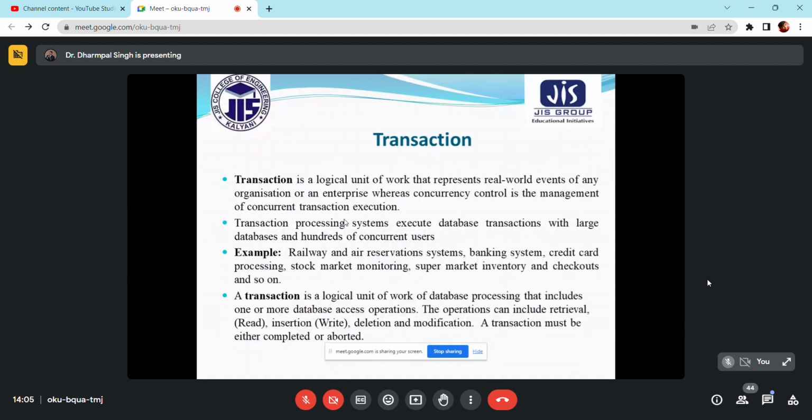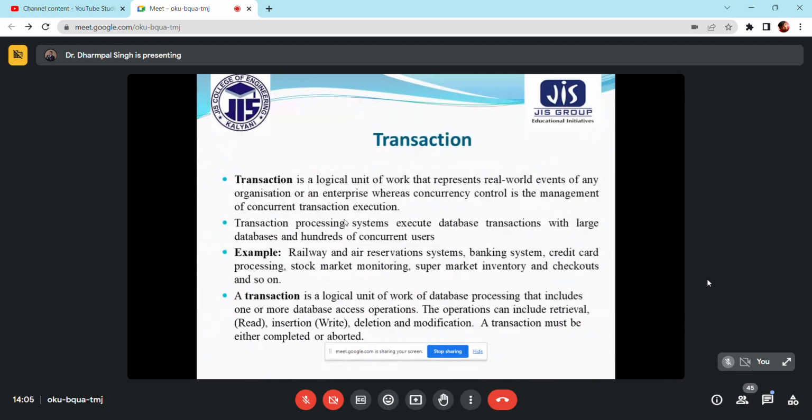So sometimes they ask what is the meaning of the transaction. So we can say that a transaction is a logical unit of work. Suppose I want to transfer the money from account A to B. Obviously the two accounts must exist there, and the balance must exist there. But in case of a transaction, the logical unit means what?